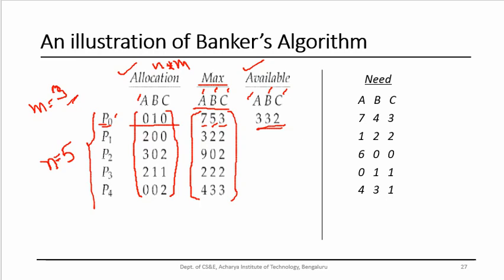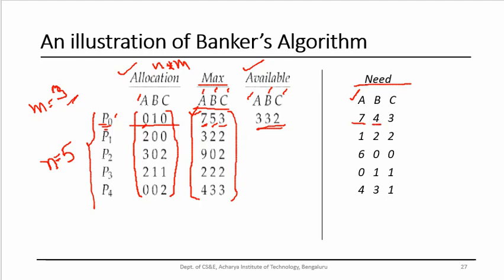So using this information, we can now calculate the need. What is the need of P0? P0 has got 0 instances of A allocated, but it needs 7 instances. So how many more does it need? 7 minus 0, maximum 7, and 0 has been allocated to it. So that is the number of instances of resource type A needed by P0.